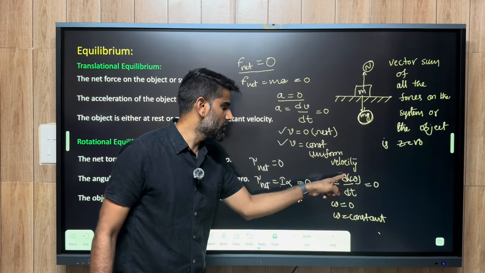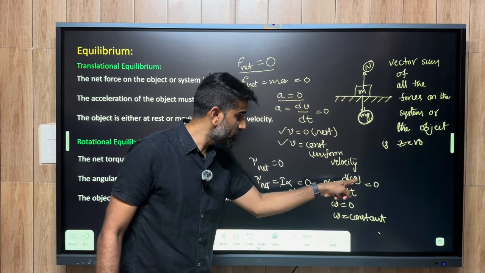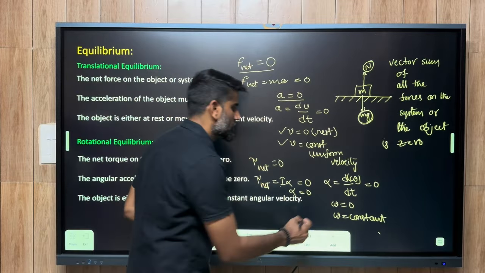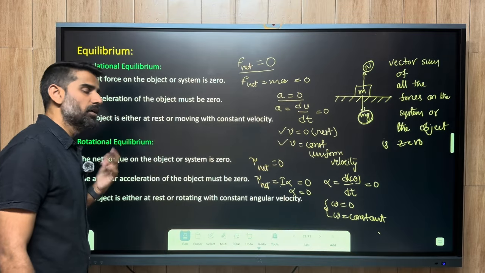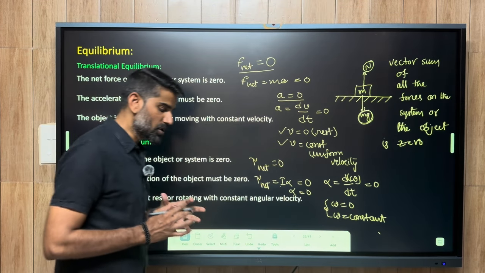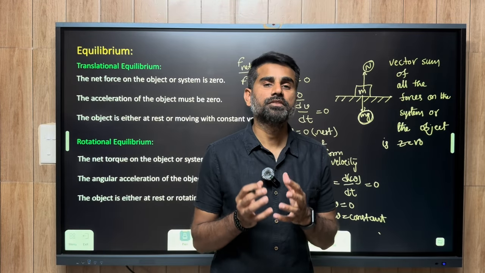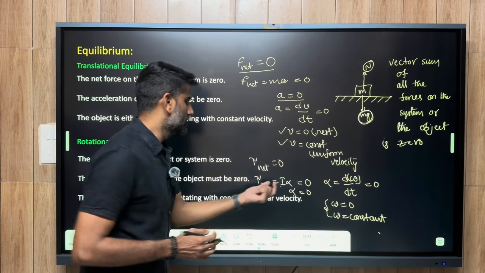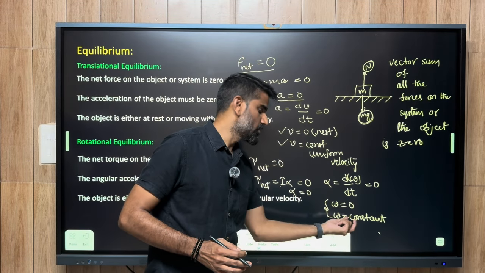So if omega is constant, alpha is 0, and if omega is 0, then also alpha must be equal to 0. So these are the two cases where the object can be in rotational equilibrium. Whenever the object is in rotational equilibrium, the net torque acting on the system or the object is equal to 0, which results in alpha 0, and either omega is 0 or angular velocity is constant.